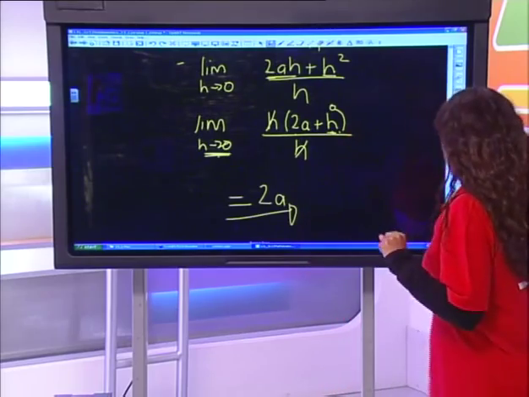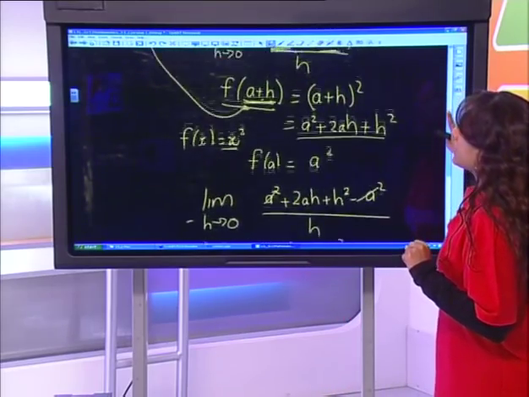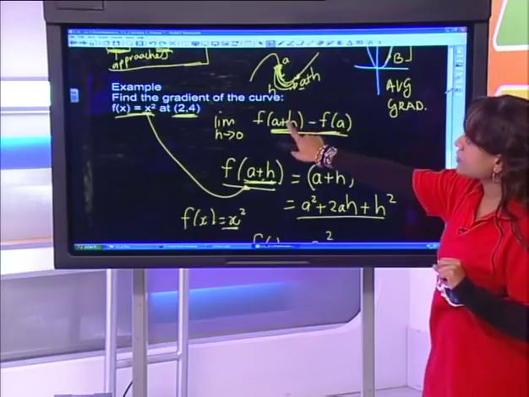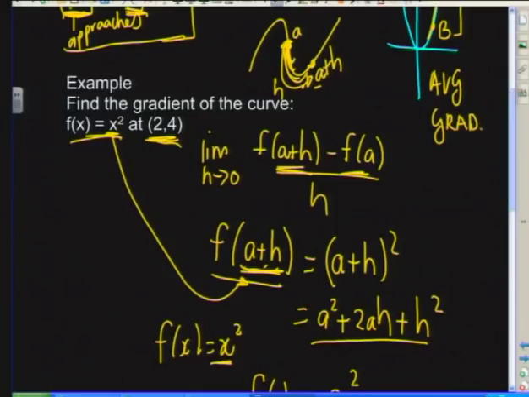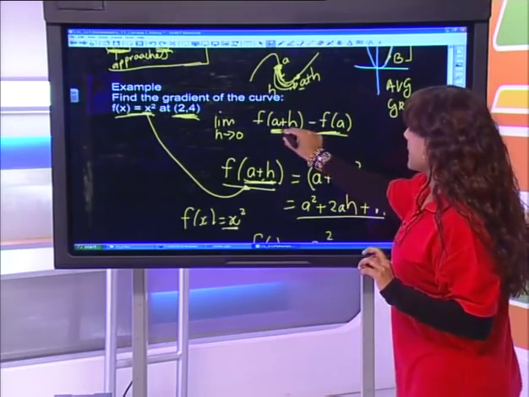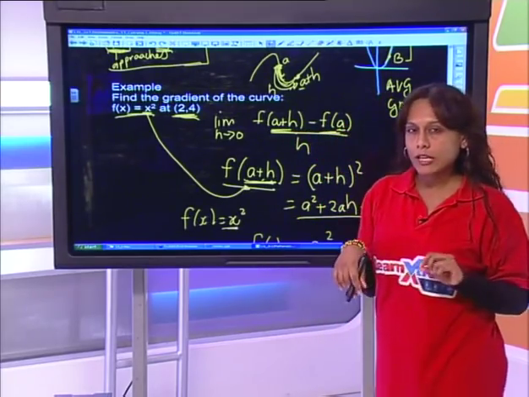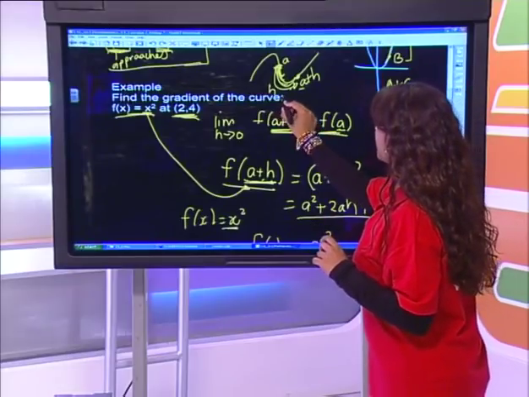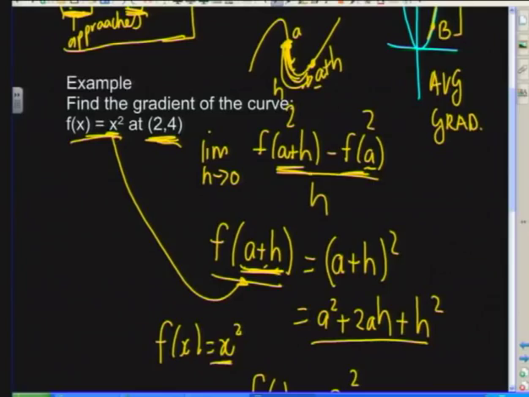So let me go through it quickly. They said find the gradient of the curve at the point 2, 4. Now what I could have done, instead of putting this a in the formula, I could have just used 2. So I could have had f of 2 plus h minus f of 2 all over h, because they want the gradient at the point 2.